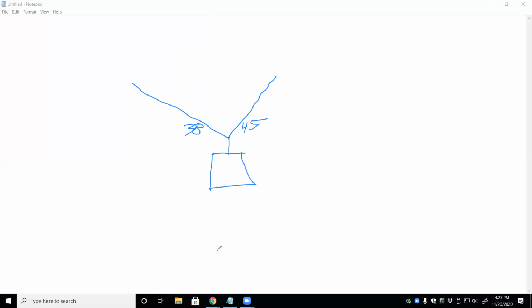If I say that the tension on this part of the cable is 878 pounds, and the tension on this part of the cable is 1,075 pounds.